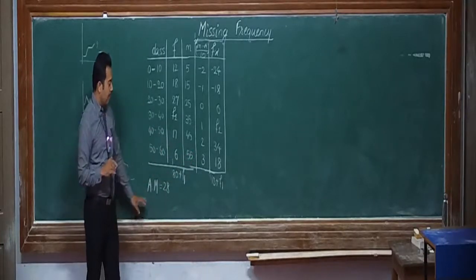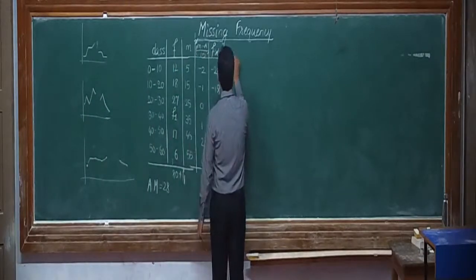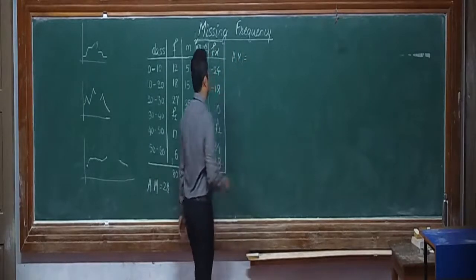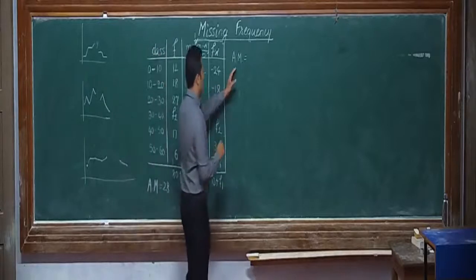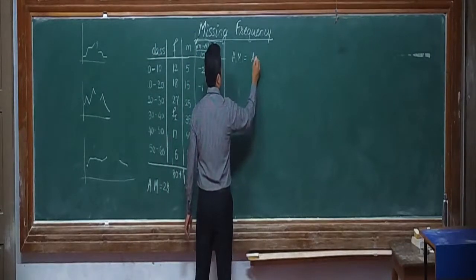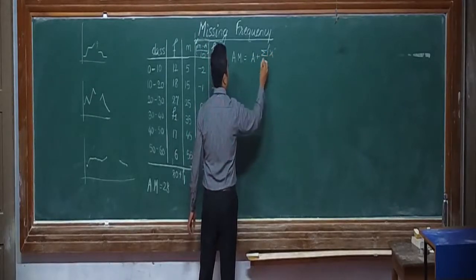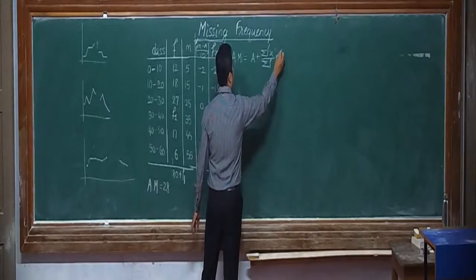And we know that the actual mean is 28. So my arithmetic mean formula, while using the assumed mean, is this way. This is the arithmetic mean equals the assumed mean plus summation of fx dash divided by summation of f, into i.